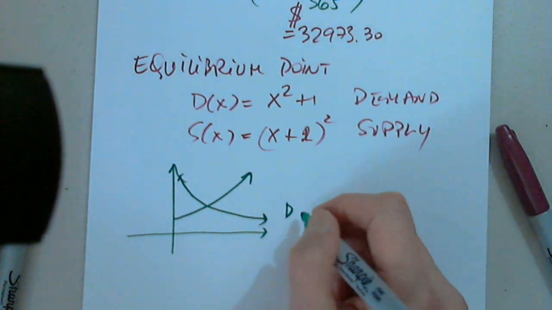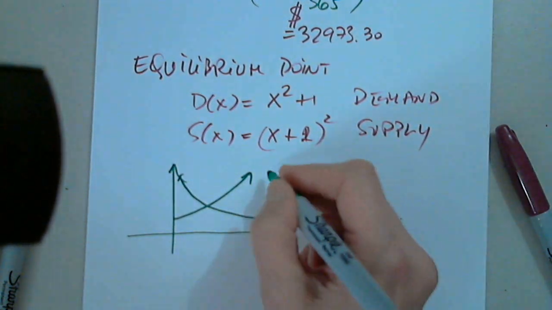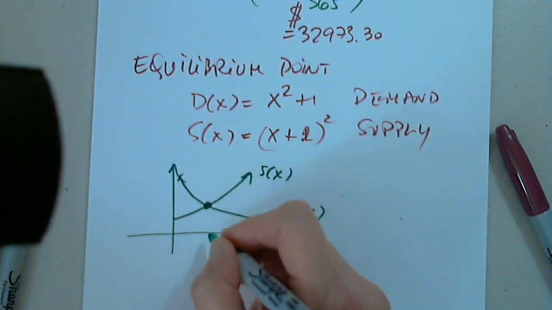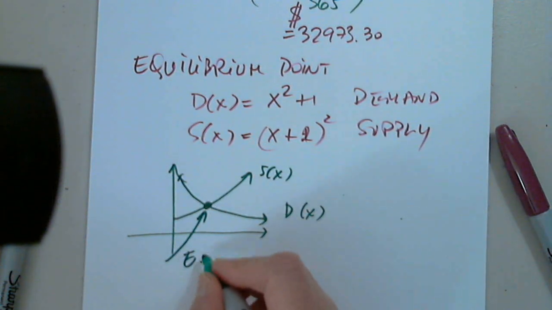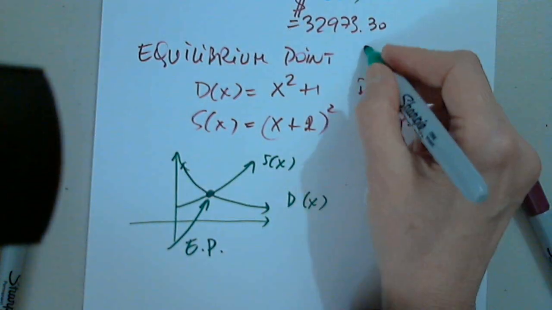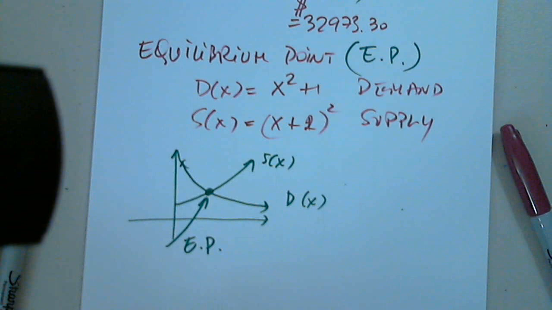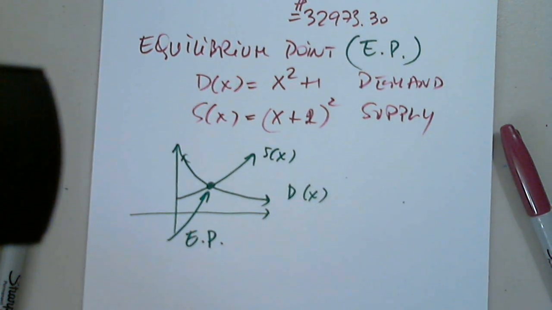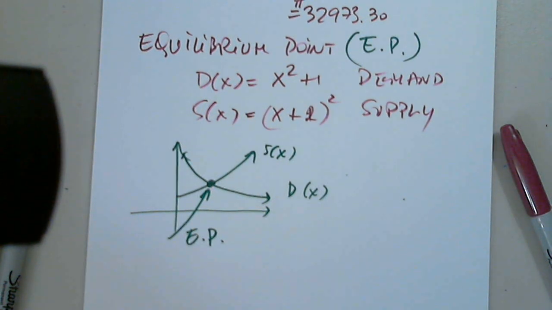These are not the functions. I'm just giving you an example. And the supply. How do I find the equilibrium point? EP. You just set them equal to each other.